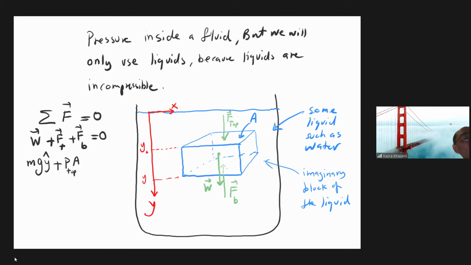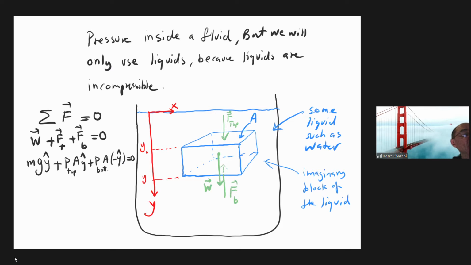That's in the y hat direction as well. And the bottom force is the pressure at the bottom times the surface area, but that one is in the minus y hat direction because it's pointing up and my y is going down.